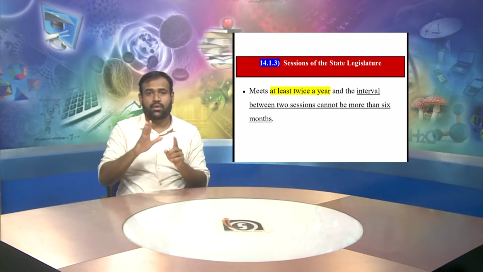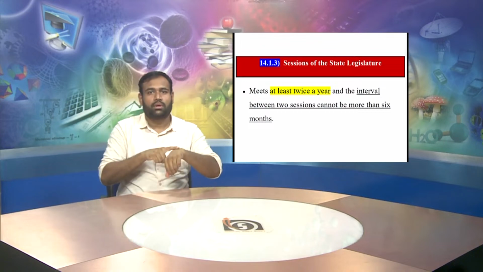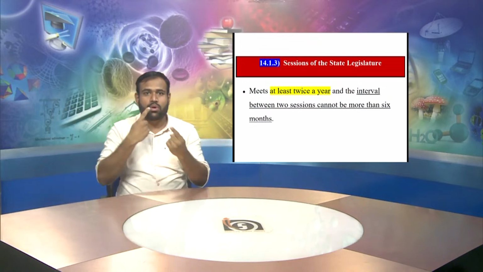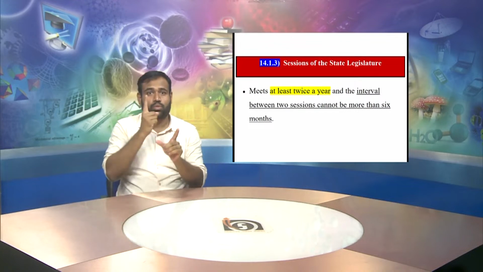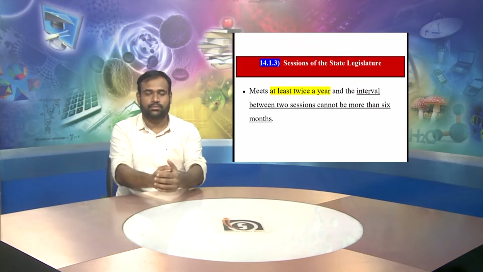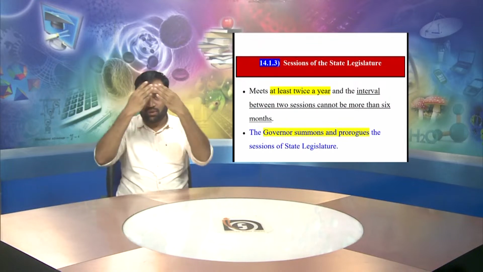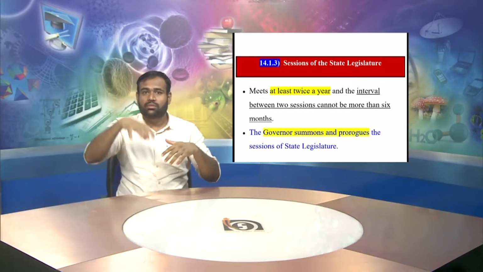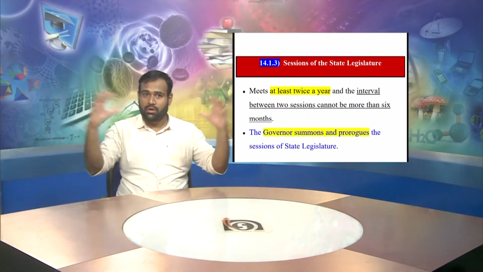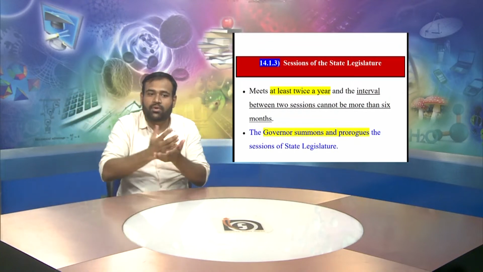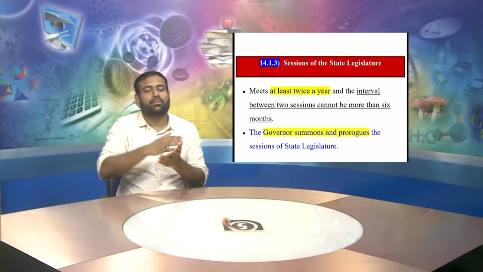Let us now understand the session of the State Legislature. The State Legislature meets at least twice a year, and the interval between the two sessions cannot be more than 6 months. The governor summons and prorogues the session of the State Legislature.